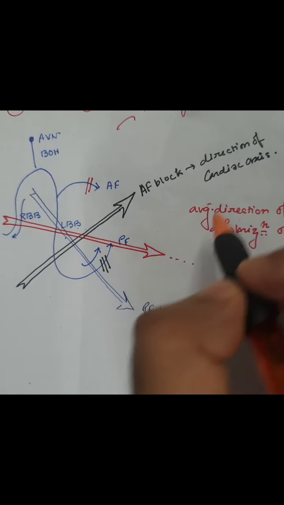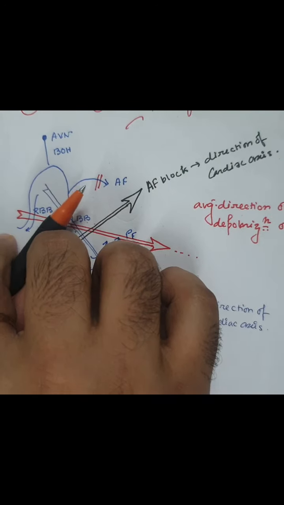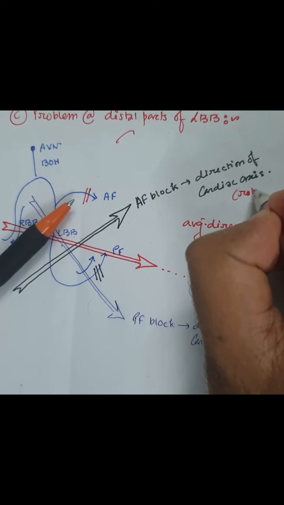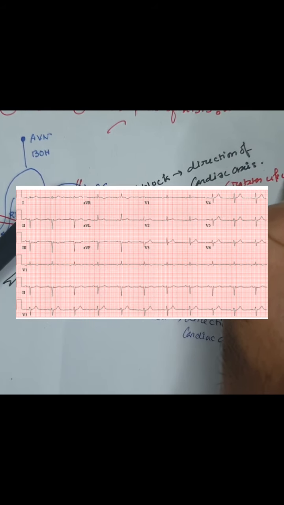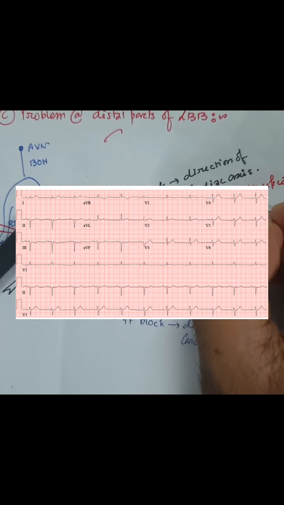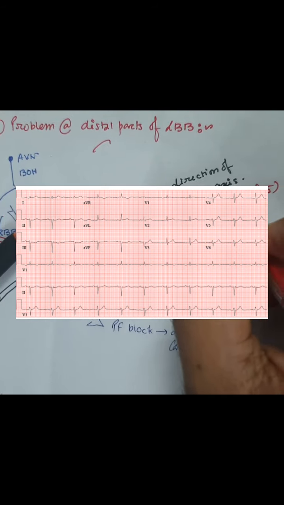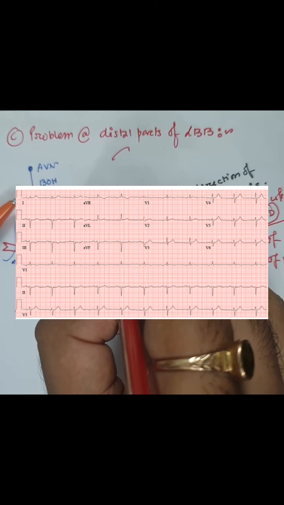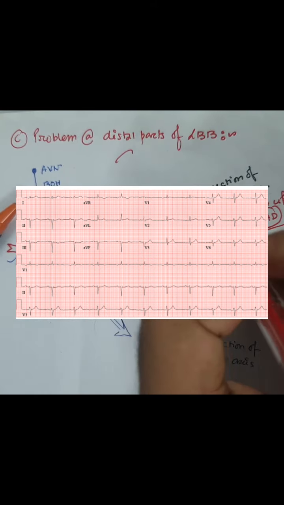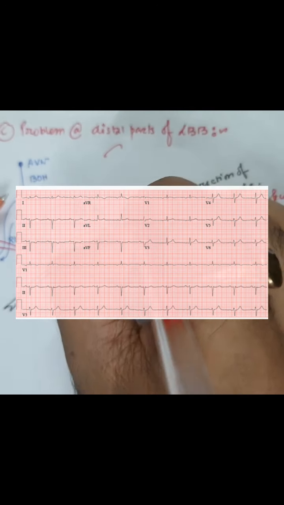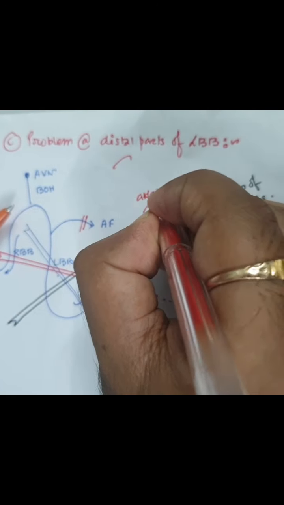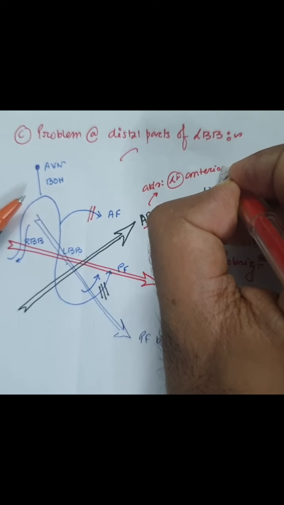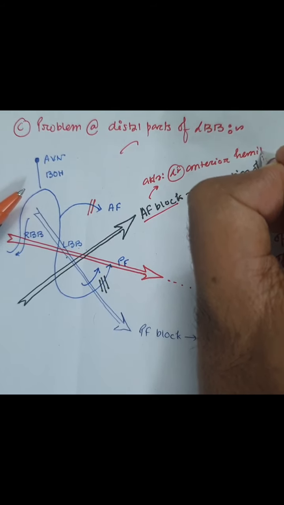So remember, in case of the anterior fascicular block, the cardiac axis rotates upward, or there is left axis deviation of the cardiac axis. This anterior fascicular block is also known as left anterior hemiblock.